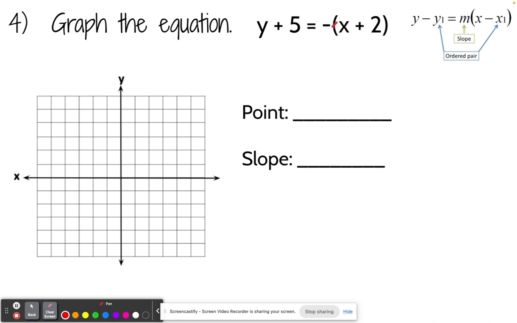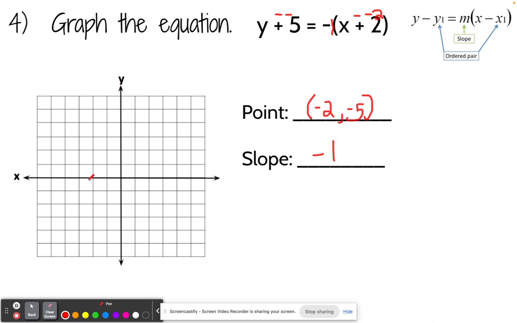Okay, here's another one. I have that invisible one there. My slope is -1. Now remember, x minus my x coordinate, so this has to be x minus -2 in order to get that plus there. So my x is -2, and my y, same thing, y minus a -5. So -5 is my y coordinate.